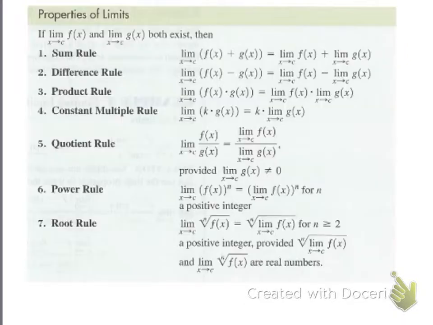So there are several properties of limits, and basically if you have a sum of two functions and you're taking the limit, you can take the limit of the individual functions and add them together. Same thing with subtraction, multiplication, a constant, division, powers. All that stuff you can do for limits.